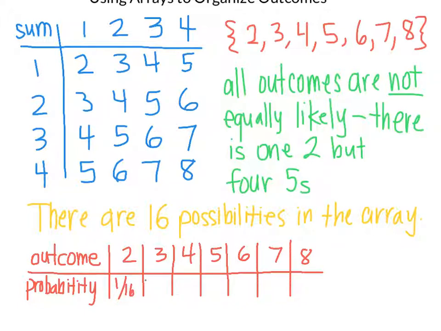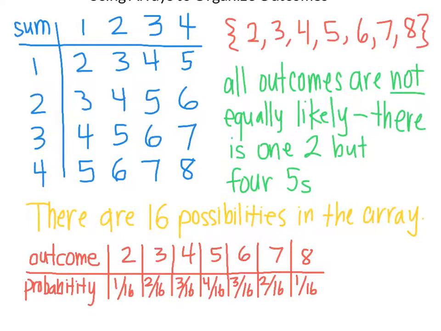There are 2 3s, so 2/16. There are 3 4s, so the probability is 3 out of 16. There are 4 5s, so 4/16, and we don't simplify the 2/16 or the 4/16 in the probability model. It's not wrong to, it's just we don't generally do that. So there are 3 6s, so 3/16, 2 7s, so 2/16, and 1 8, so 1 out of 16.